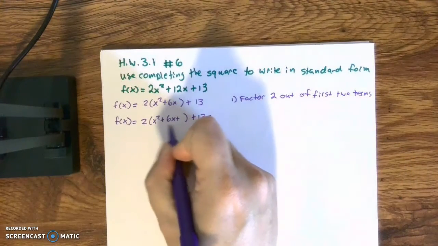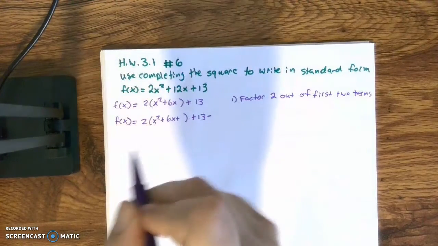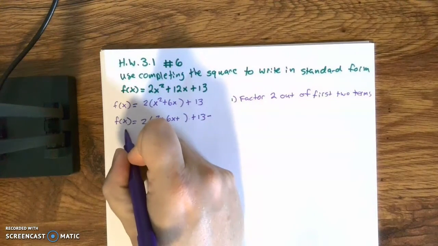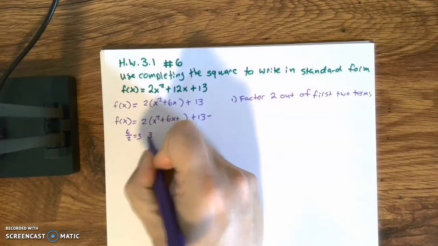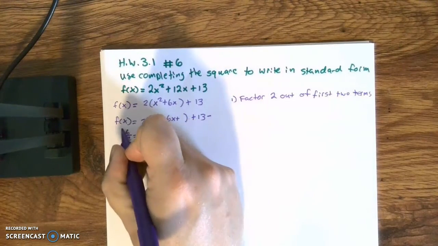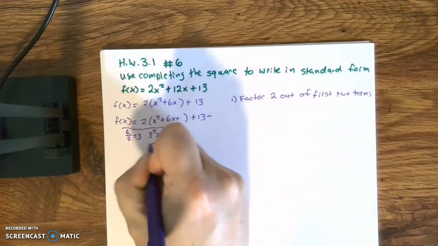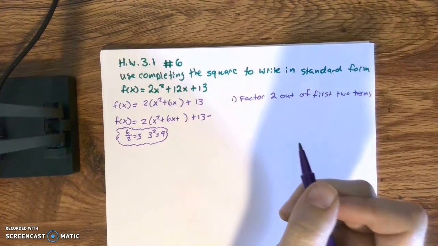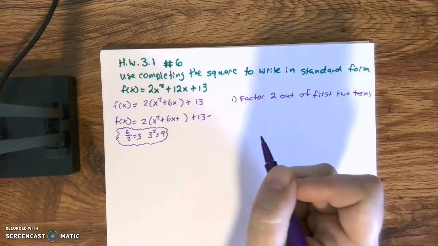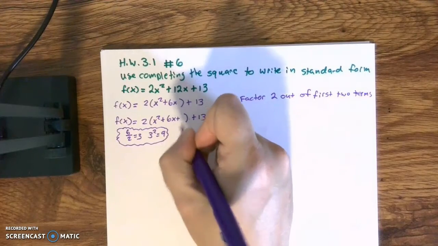Okay, so completing the square. You look at the x term, and you do half of that. So 6 over 2 is 3, and then you square it, and I just put a little bubble around that to say, hey, that was just my scratch work, but my result is that 9 is the number that was missing here.